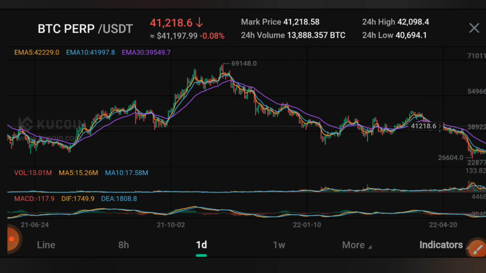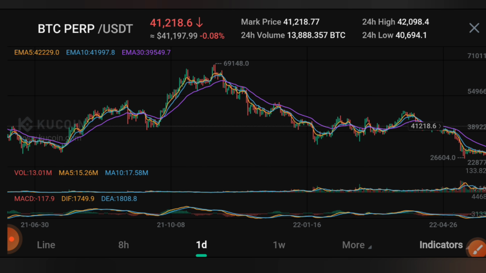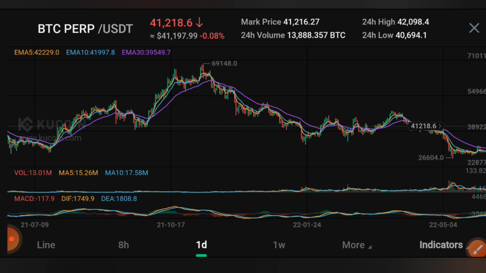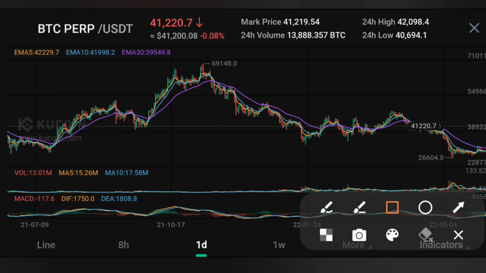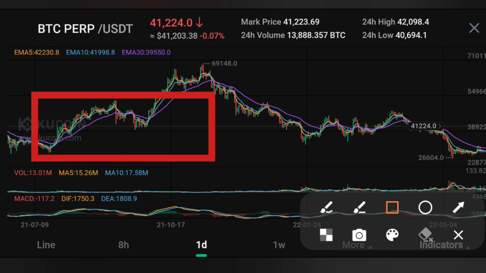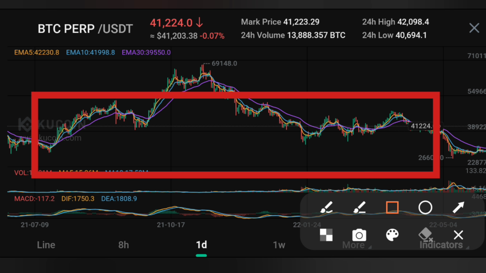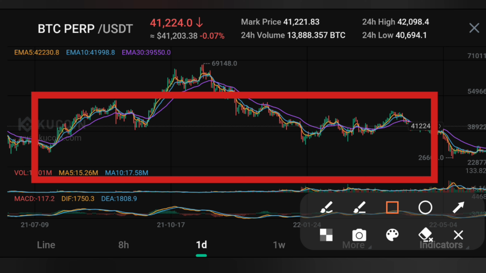My phone actually showed this way too wide, but it's okay. I think you guys can see what I'm about to say. I'm going to make it rectangular. I'm not going to bother talking about $69,000. I'm looking at the lower part of the chart.